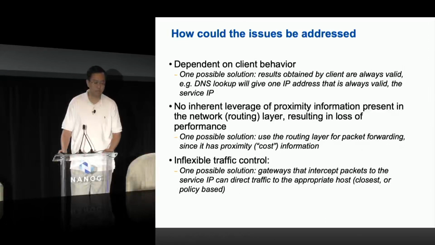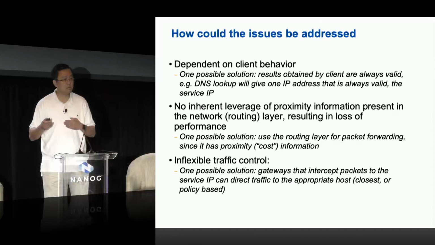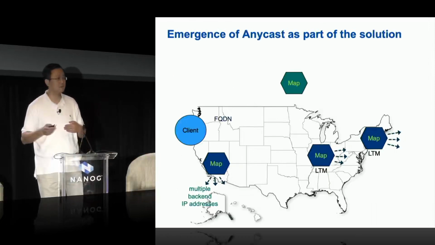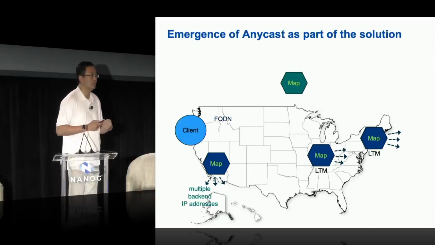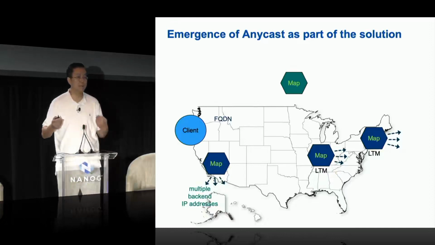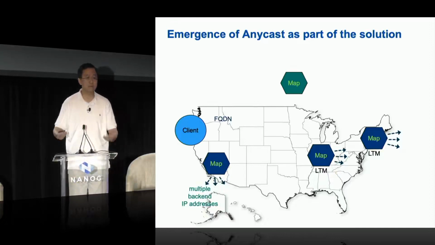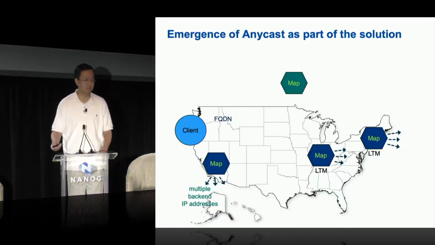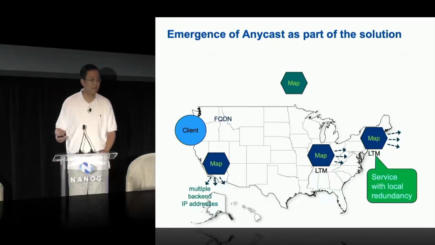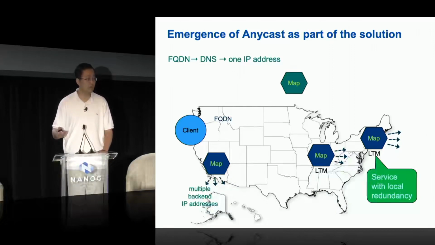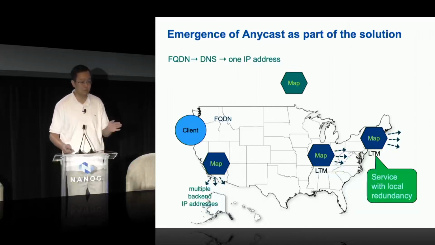Now, for the first two issues, that sounds very similar to how Anycast would work, right? Say if we have servers announcing the same IP address over different locations, that would be Anycast. Then in a local data center, there will still be a service redundancy, right? But the FQDN, instead of mapping to multiple IP addresses, gets mapped to a single one.